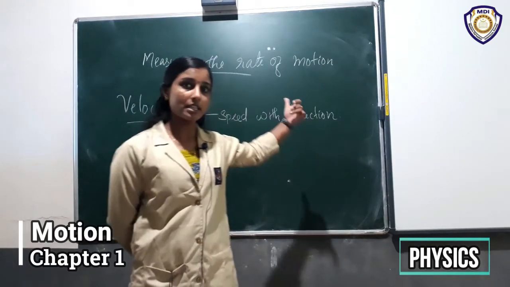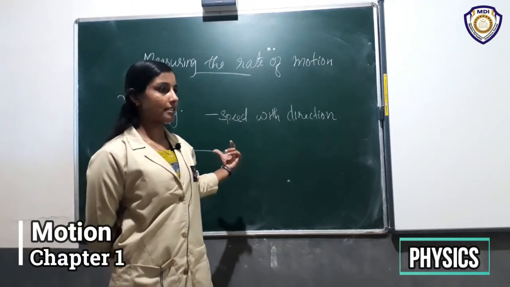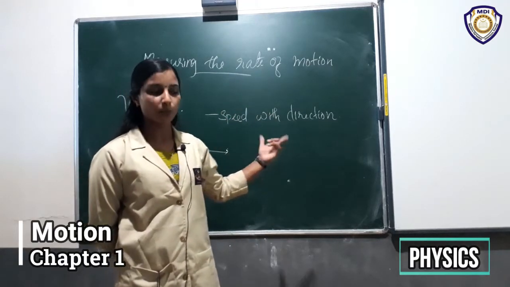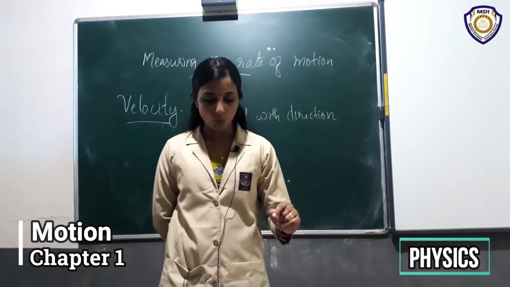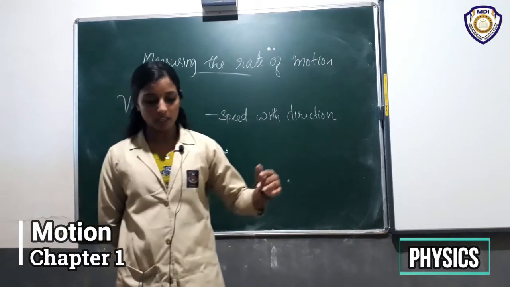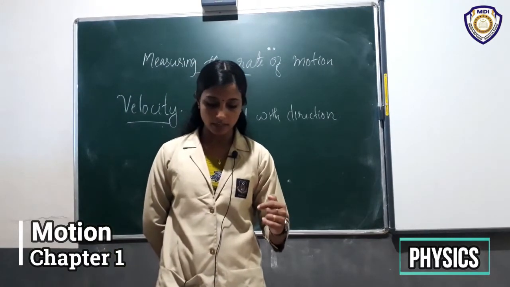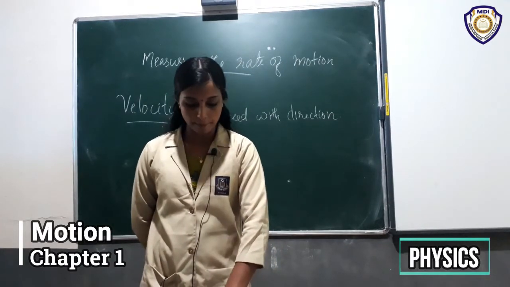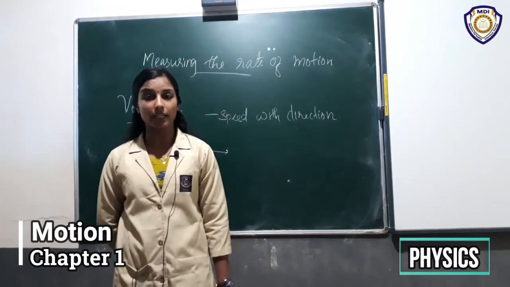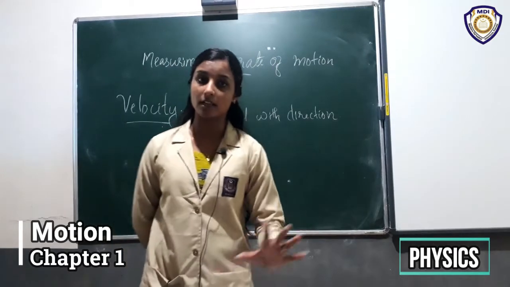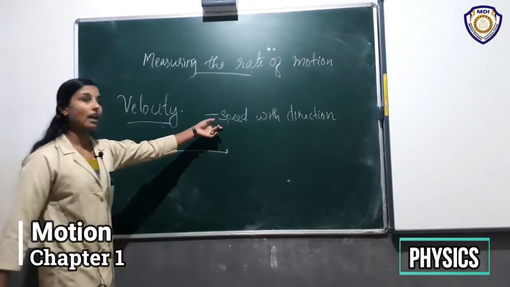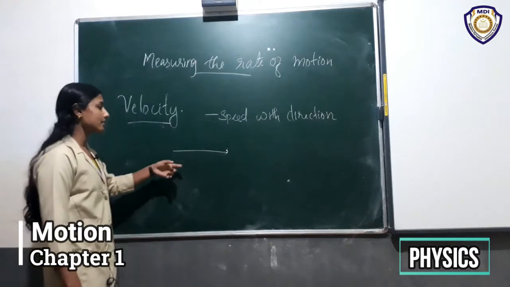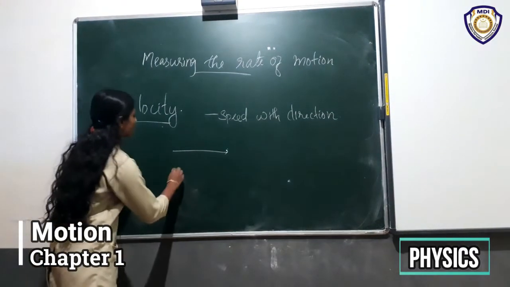One thing is speed and the next thing is velocity. So for an object moving in a straight line at a variable speed, we can express the magnitude of its rate of motion in terms of average velocity. We express speed as average speed as well as velocity as average velocity.